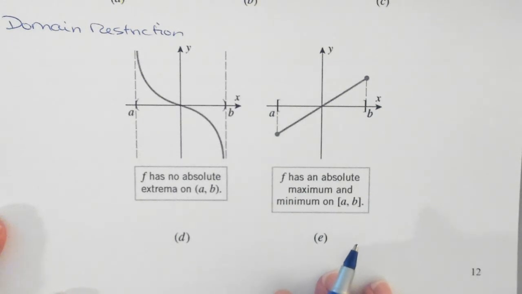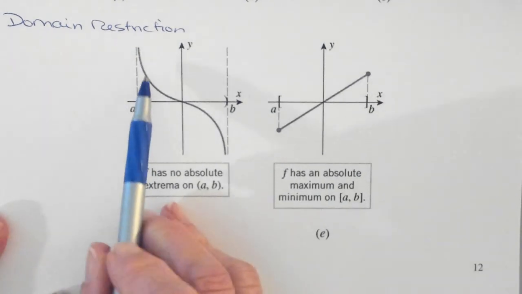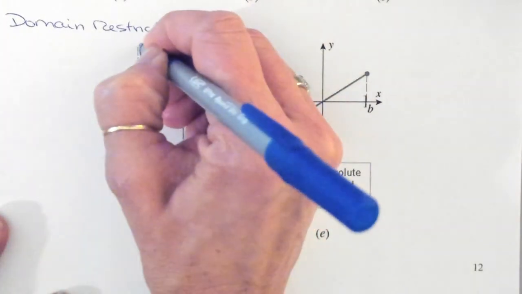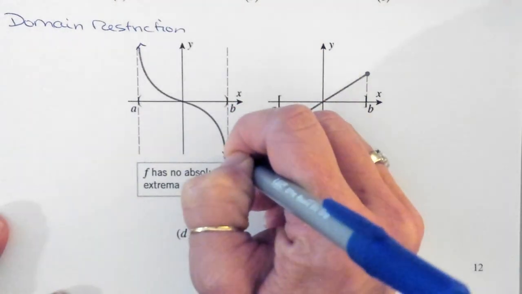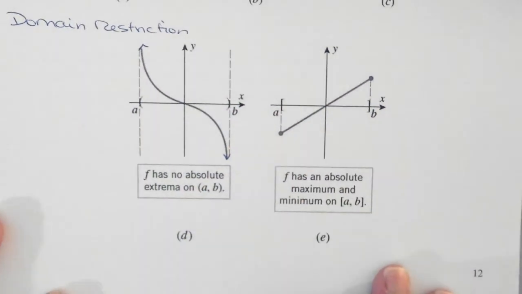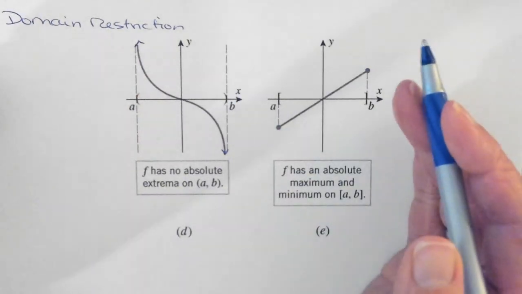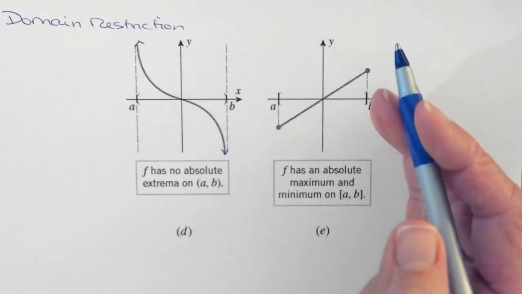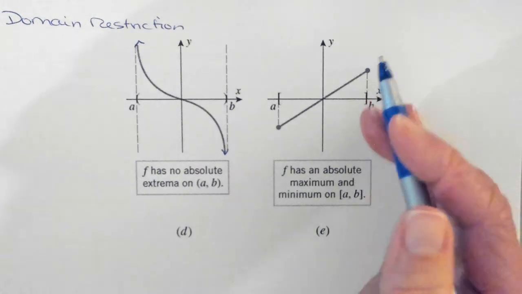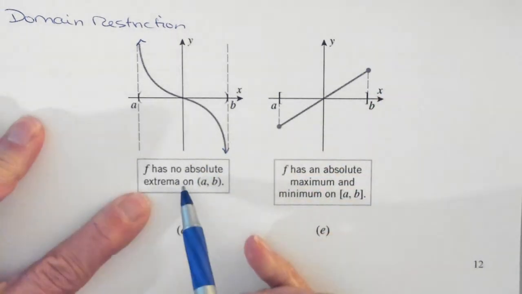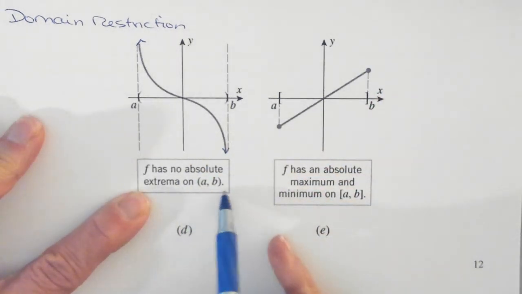Or cotangent, it's the same thing. Okay, so in the case here, if we know the behavior, doesn't this go on and on and on? So here we have these endpoints not included because of vertical asymptotes, so we could say that this is either a negative tangent or a cotangent graph, but there is no absolute extrema on this open interval.